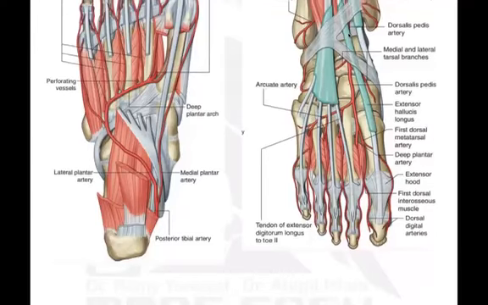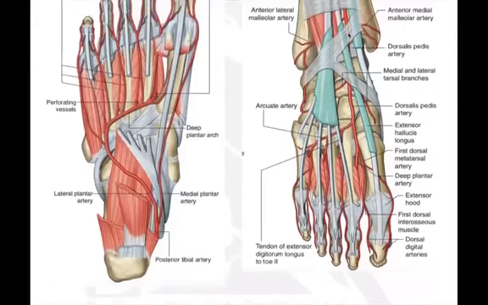Along with the lateral plantar artery, it will have a connection with it, and it will be supplying those areas. The lateral plantar artery is a branch of the posterior tibial artery, which has a second branch, the medial plantar artery.